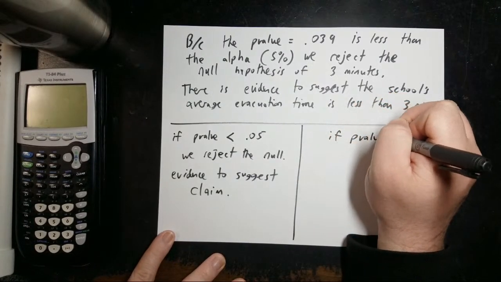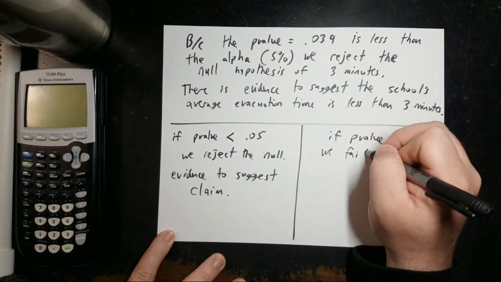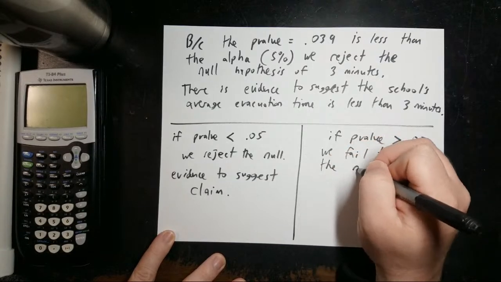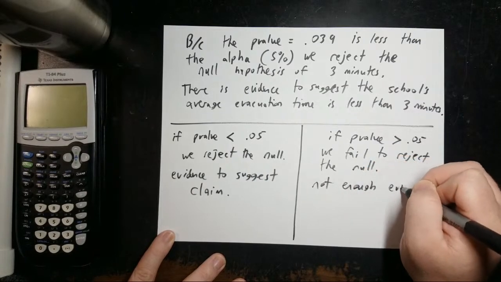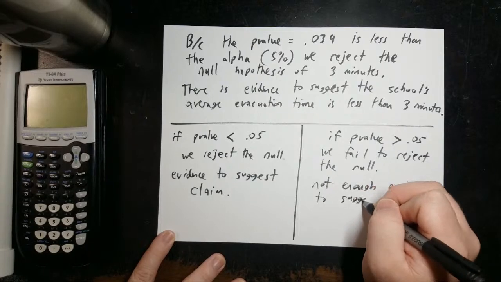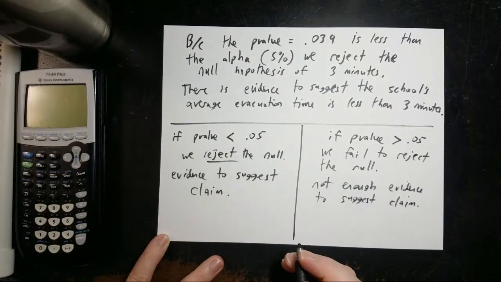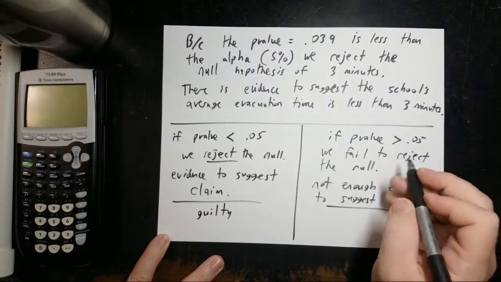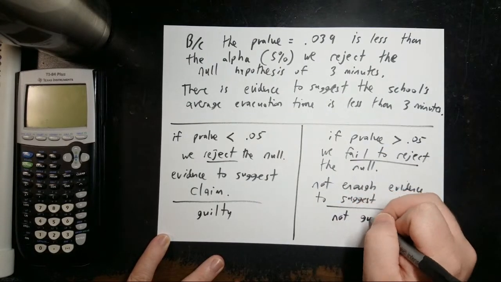If the p-value is greater than 0.05, we fail to reject the null. Not enough evidence to suggest the claim. Rejecting the null would be a guilty verdict. Failing to reject the null would be a not guilty verdict.